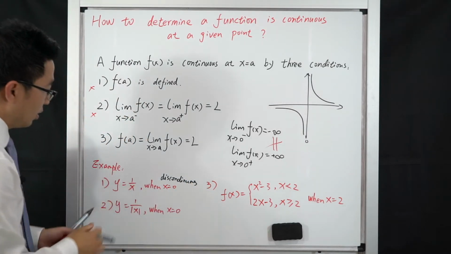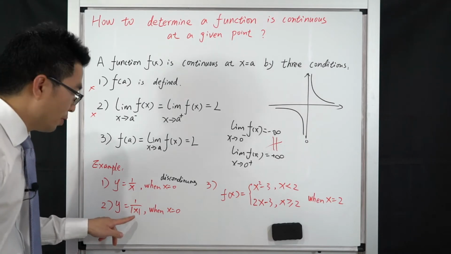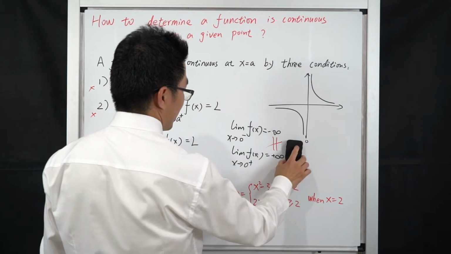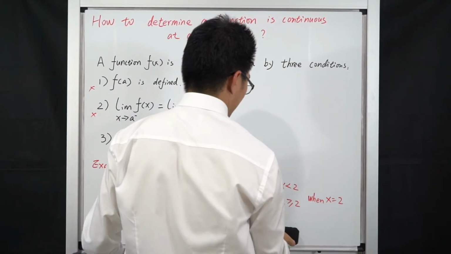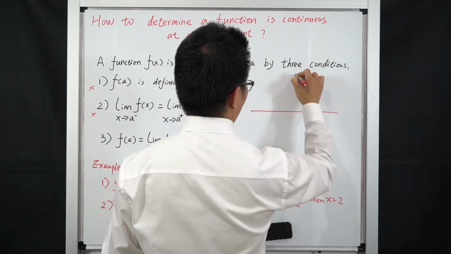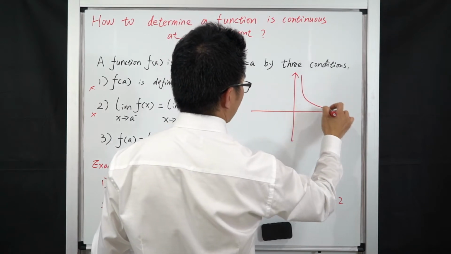The second one, y equal to 1 over the absolute value of x when x equal to 0. This one we have a different curve. When we have an absolute value for the x, we have the same value for y, right?